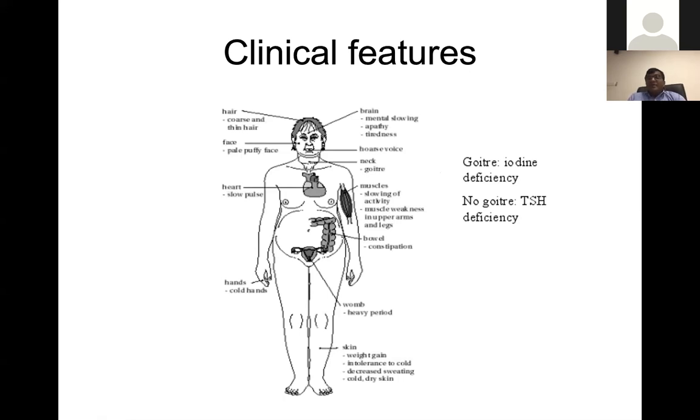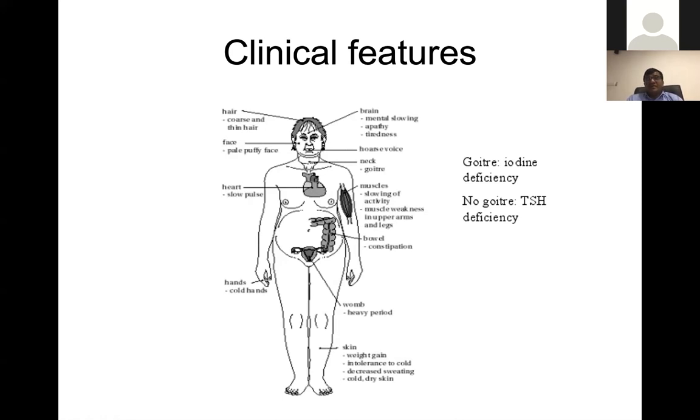So everything will be opposite to hyperthyroidism: there is less thermogenesis, an increased feeling of cold intolerance, and because there is lesser need for sweating, the skin becomes dry, and there can be hair fall and thin hair.